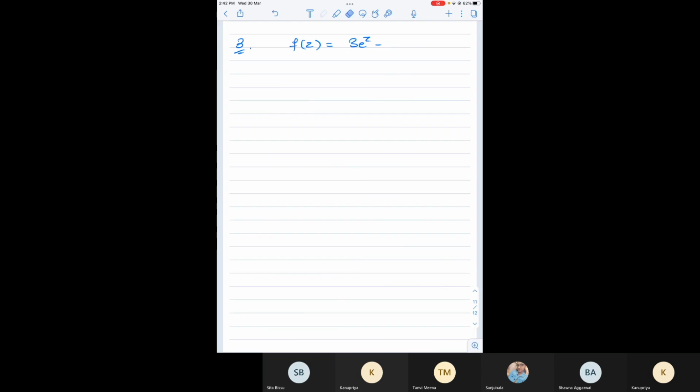You have to calculate the number of zeros inside the ball B(0,1). So how will you choose g and h? What will be the g function?